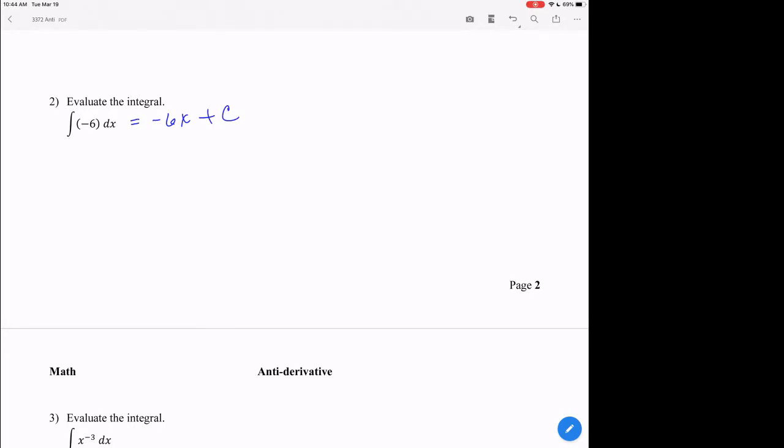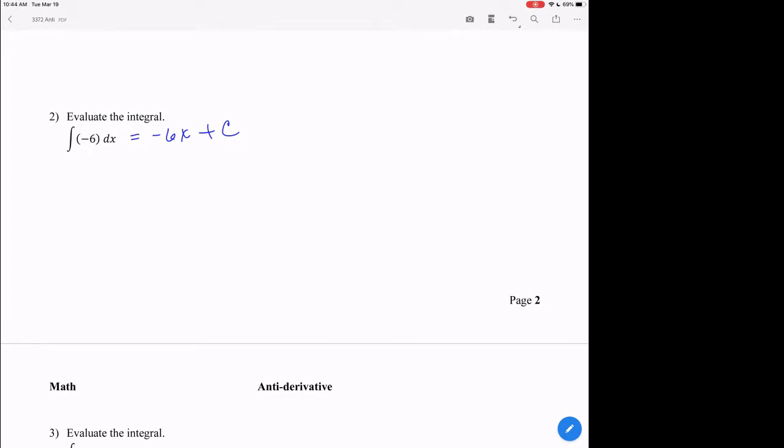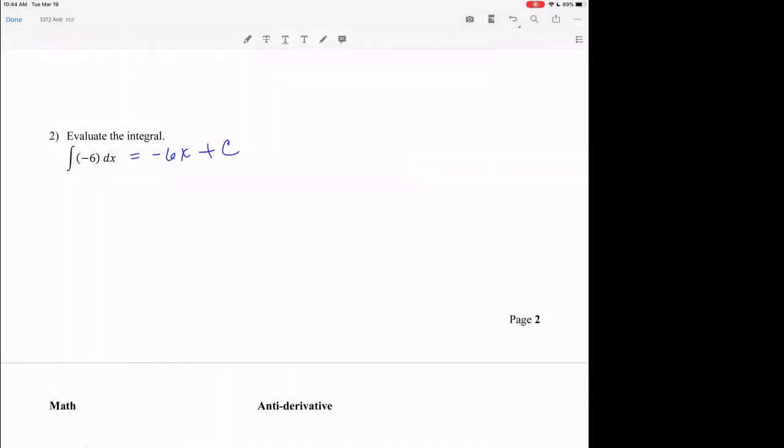That's it. So if I assume that this is the integral of negative 6 x to the 0 dx, then when I get here, I have negative 6 x to the first over 1 plus c. That is simply negative 6 x plus c.